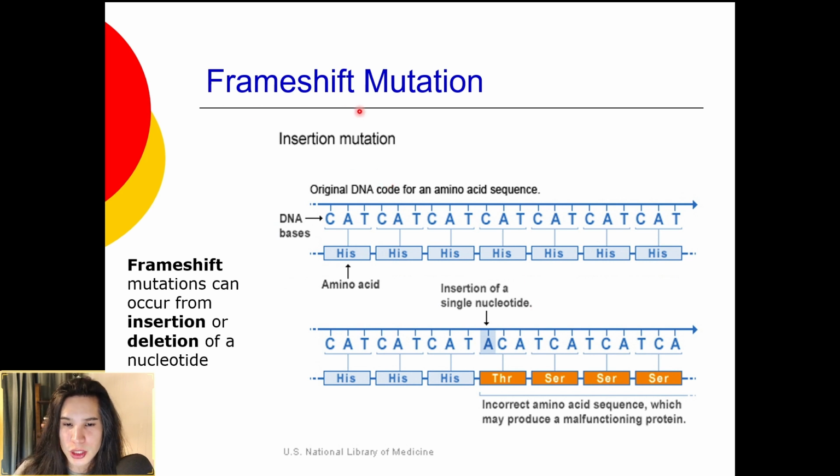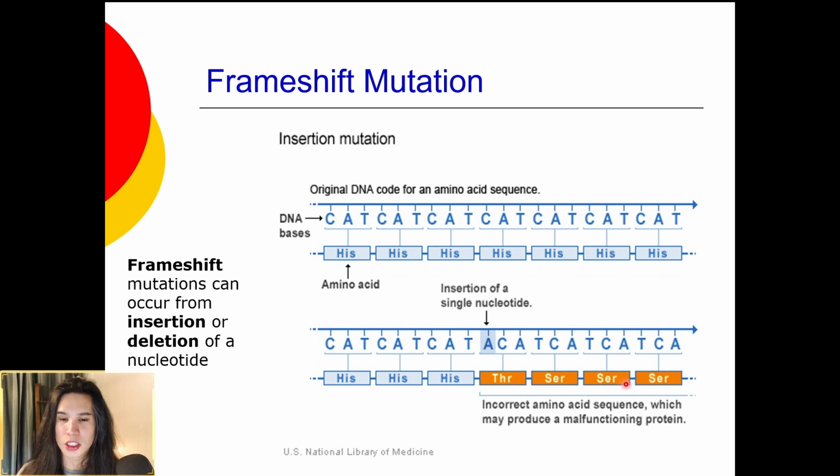Next, we have frameshift mutations, and we already talked about frameshift mutations. These are detrimental. So these mutations can occur from insertion or deletion, and usually this is going to lead to maybe a series of different amino acids, or it could be an early stop codon, for example, or some silent mutations.